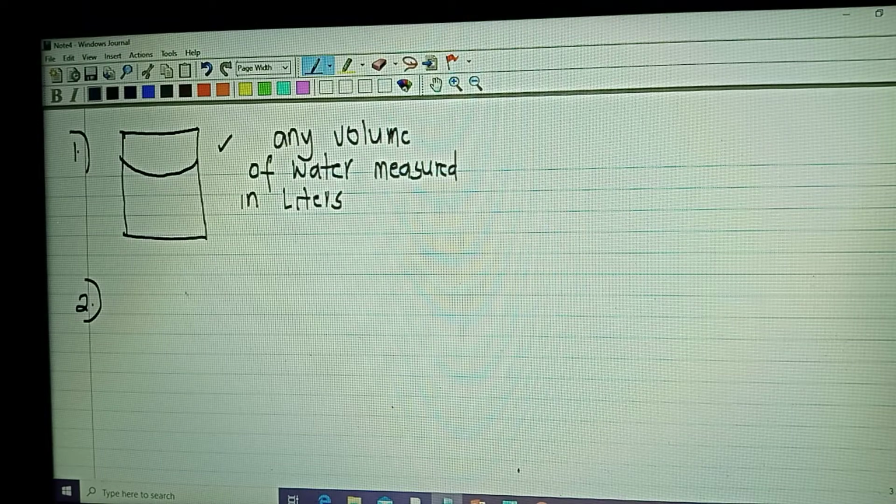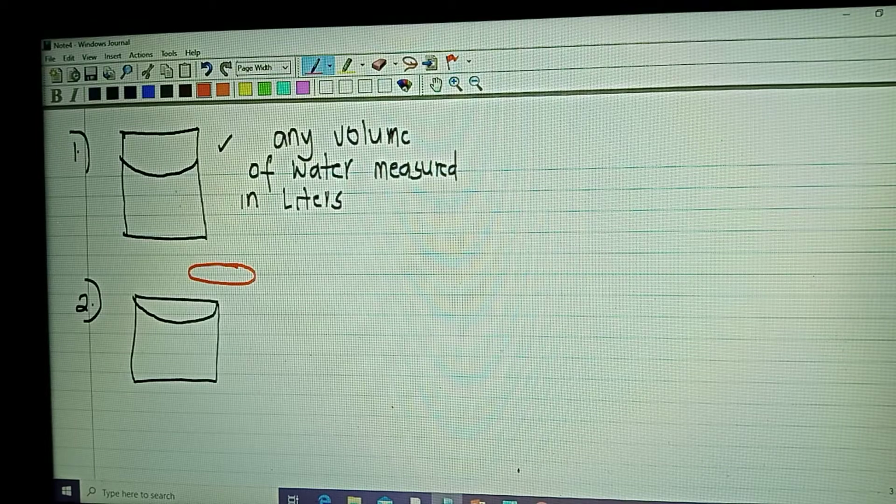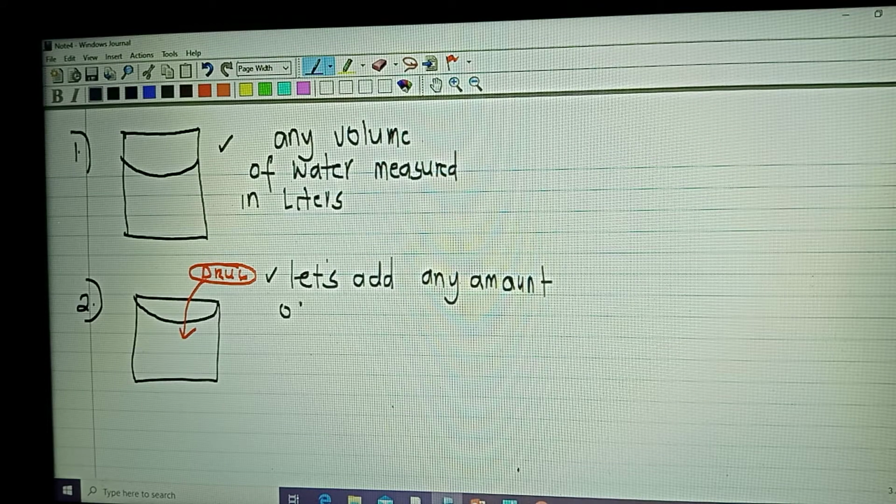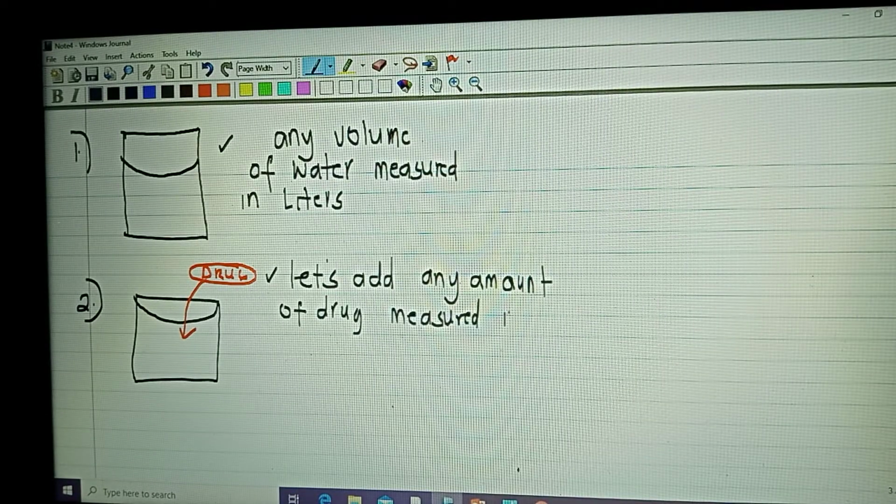Now, in figure number 2, let's add a particular drug, any amount of drug measured in mass units, of course. Specifically, usually that is milligrams.